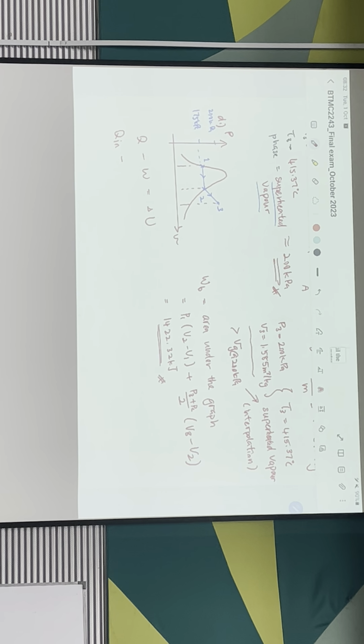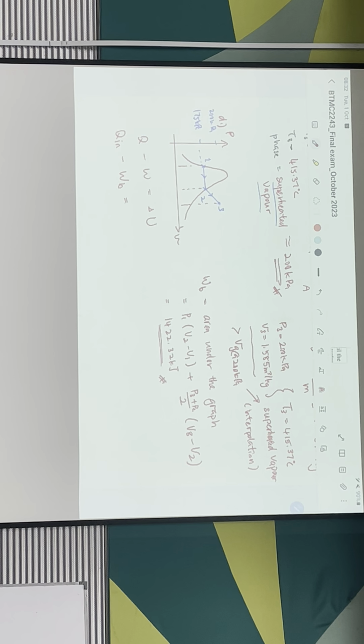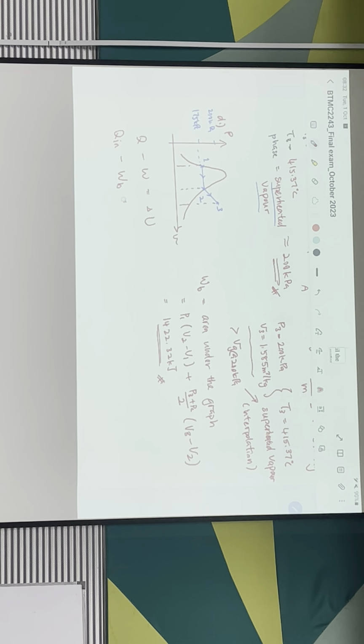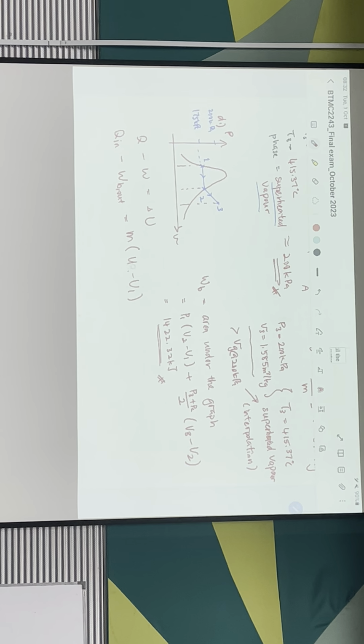And then boundary work is just boundary work out because it's an expansion process, also stated by the question. And this equals to delta U, so this will be M times U2 minus U1. Which means U3 minus U1, because we want the overall.